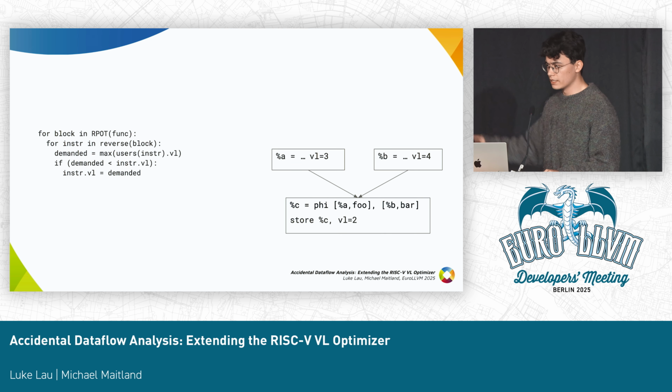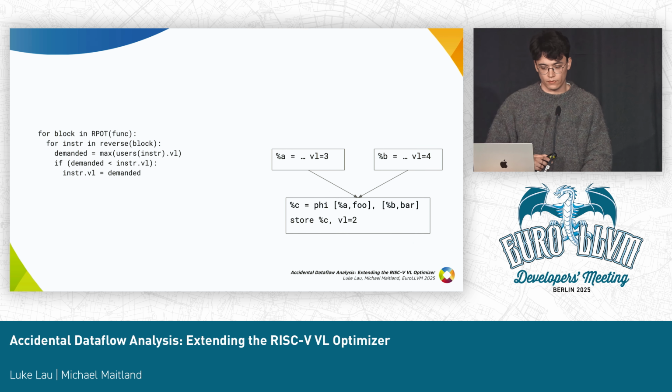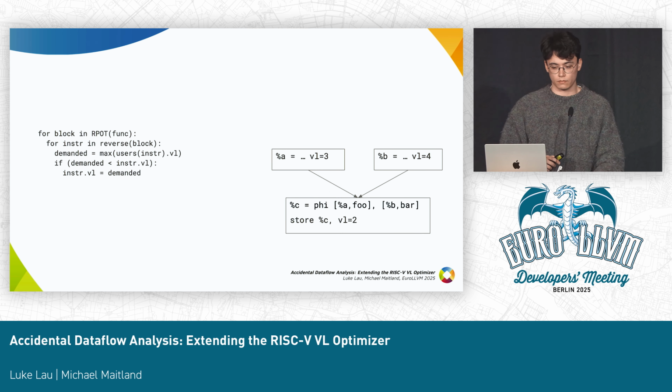So here's an example that the VL optimizer wasn't previously able to handle, and this is where we began extending it. In this example, we have a phi node, and its users are the A and B values. We should be able to reduce the VL of A and B to 2 because ultimately they're only used by a store, this root instruction, which only has a VL of 2, right?